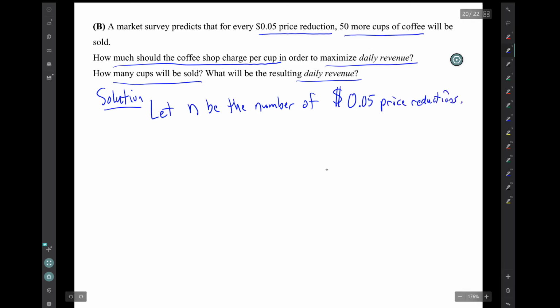The reason for doing that is because we're given information in terms of what happens each time you lower the price by 5 cents. So first of all, let's think about what happens to the price for each value of n.